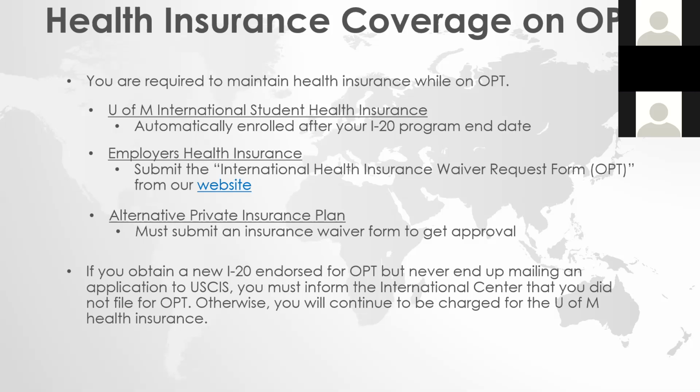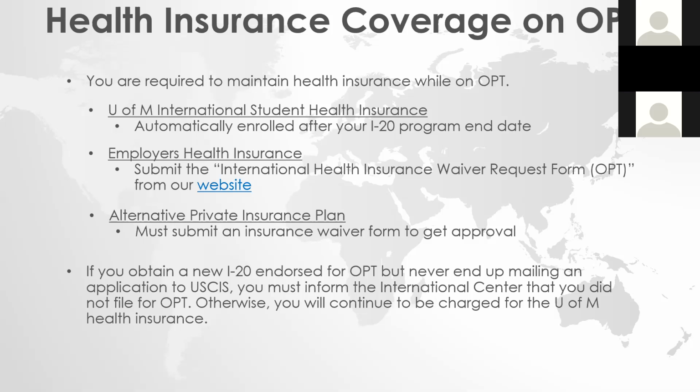Once you get a job and you want to save some money, you can get onto your employer's health insurance. Keep in mind that even though you're getting your employer's health insurance, you will continue to get charged through U of M's student health insurance policy. So make sure you cancel that. There is a waiver request form. It's called Waiver Request Form OPT on our website. You simply fill that out.